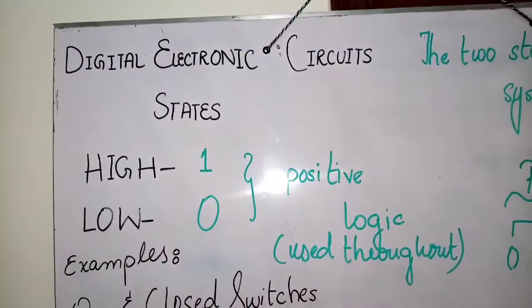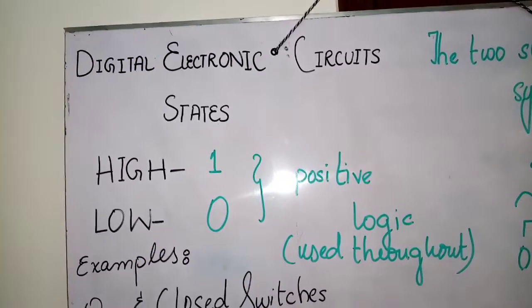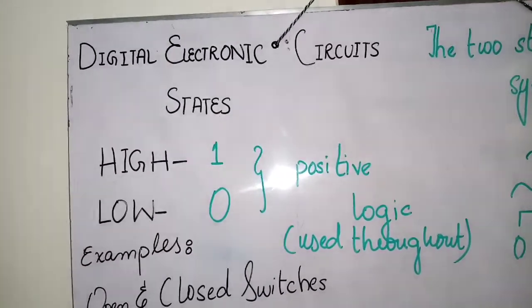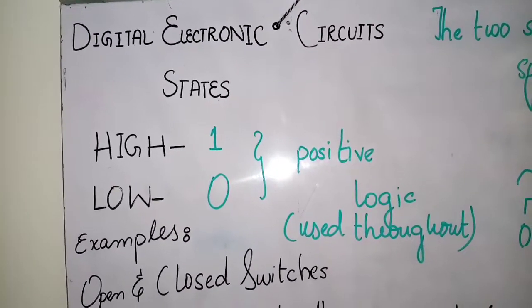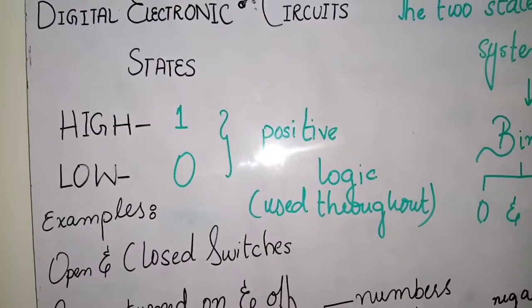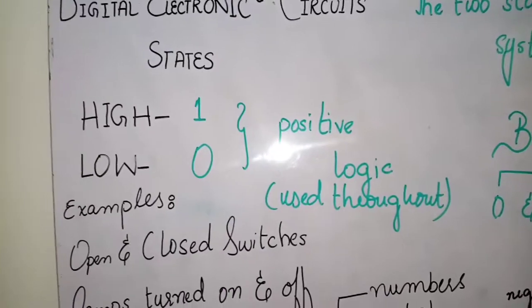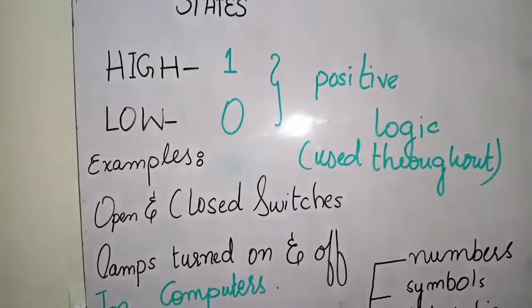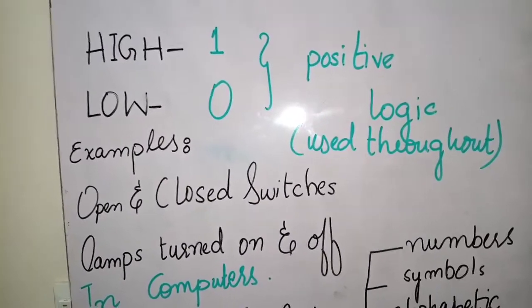So in digital electronic circuits, there are mostly two states. The high state, which is represented by number 1, and the low state, which is represented by number 0. And this is the positive logic which we'll be using throughout the lectures and is mostly used in the book. The examples are open and closed switches and lamps turned on and off.